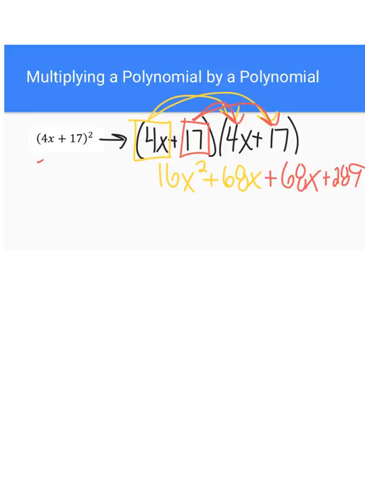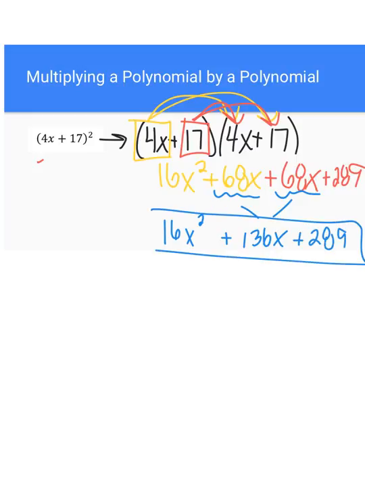All right, so we have 4 terms here, but I am noticing some like terms in the middle, 68x plus 68x, so I am going to combine those like terms for 136x. Now don't forget to include that 16x squared and the 289 over here. Okay, so for our final answer, it looks like we have a trinomial.